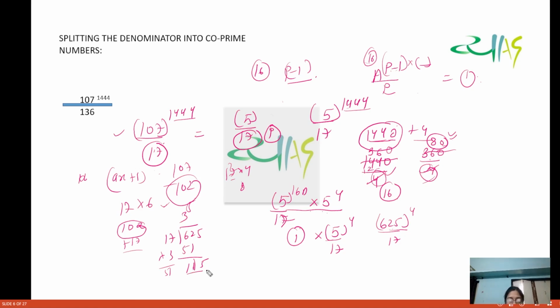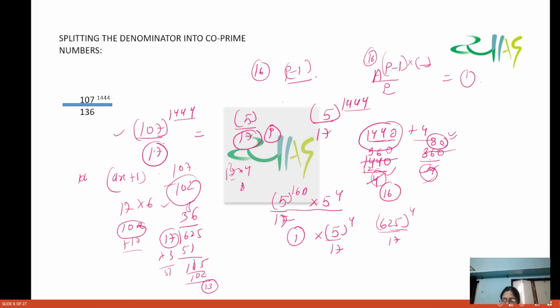Okay, 111, 115. And you know what will be the remainder here. You will do this 6 times, this will come to be 102. All right, 102. So you will have 13 as remainder here.